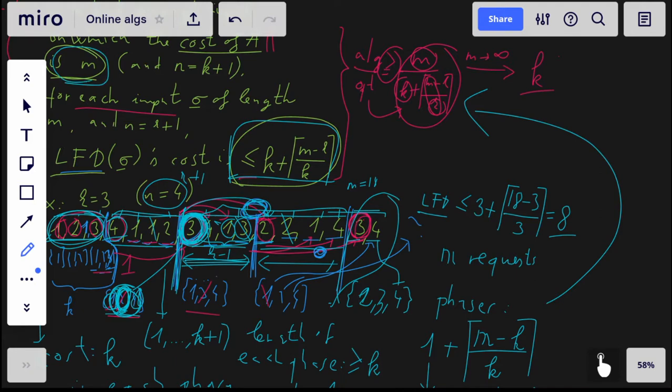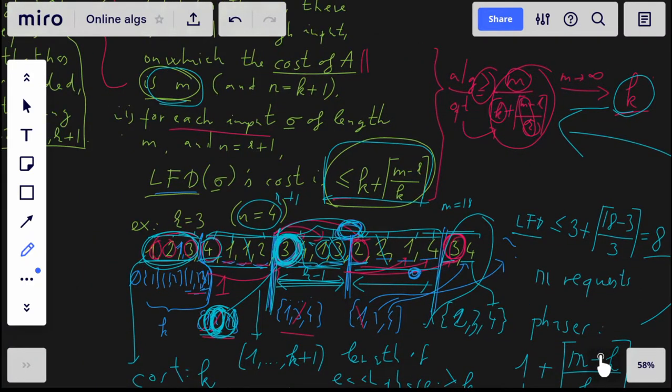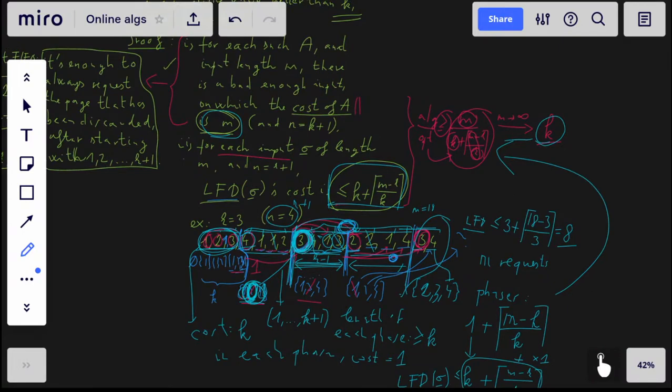This means that as sigma gets longer and longer, the ratio will converge to k, which means that there is absolutely no deterministic online algorithm which can beat the competitive ratio of k.